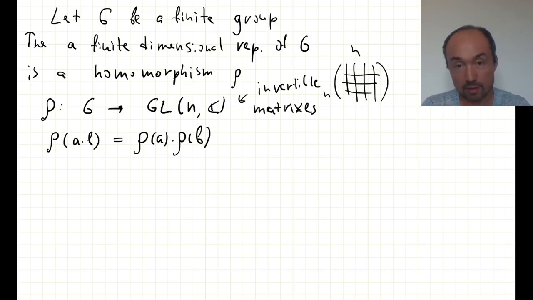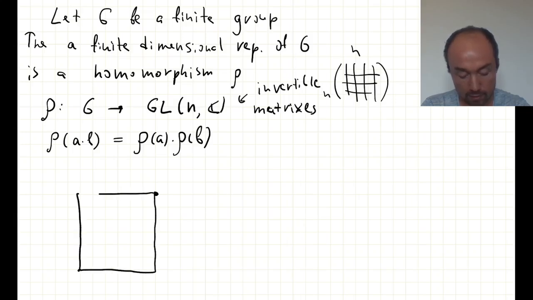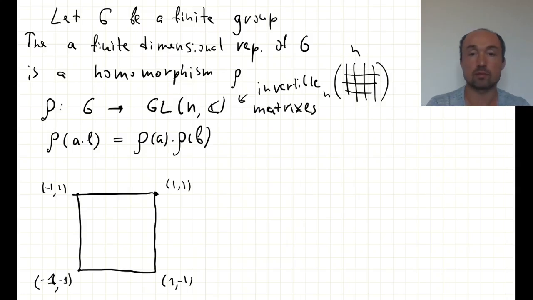This is something about symmetries. Everyone remembers what a square is. So here is a square with vertices (1, 1), (-1, 1), (1, -1) and (-1, -1). This is the square inside the plane.